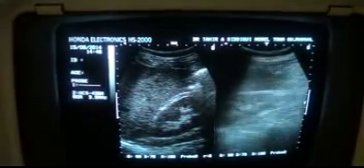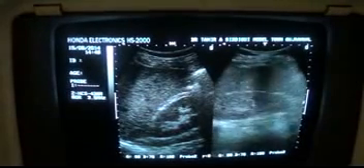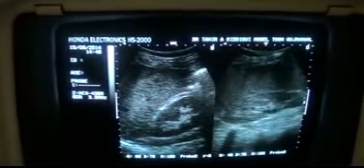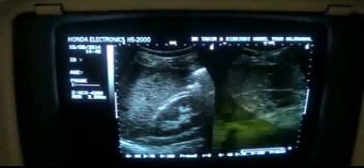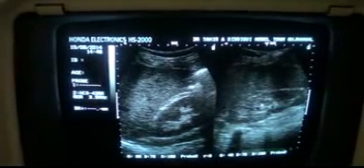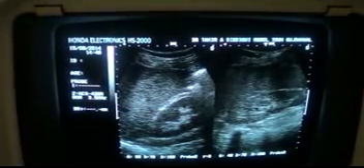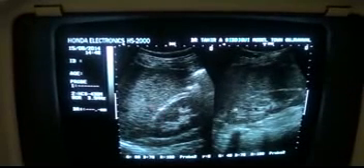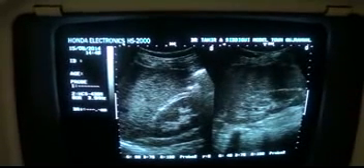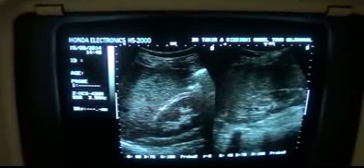Now let's see this case. In this case, again we will study the same features. This is the longitudinal section of the patient's kidney, in which you can see, number one, this is the capsule, this is the cortex.